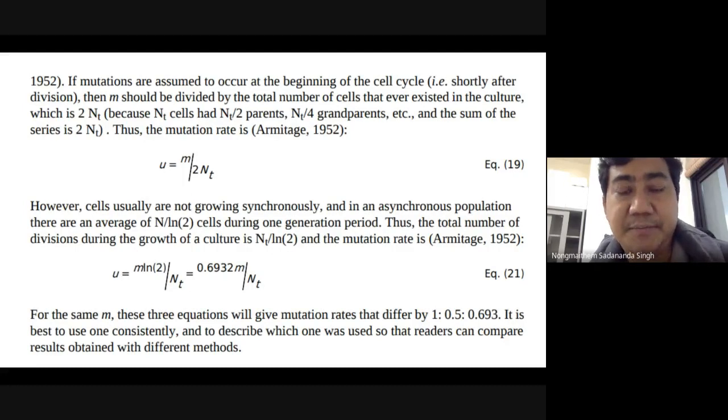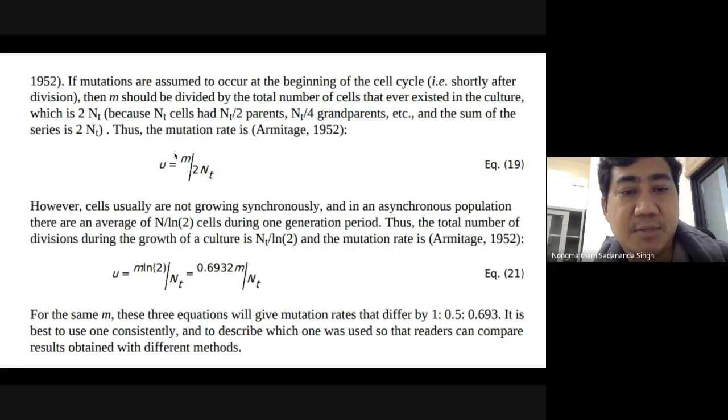But if the mutation happens before the cell division, before replication, because of some mutagens or something, then you need to modify the calculation: mutation frequency is equal to m by 2 into Nt.